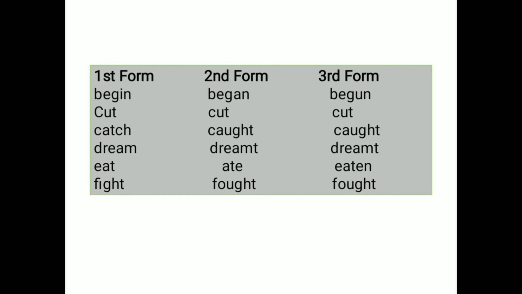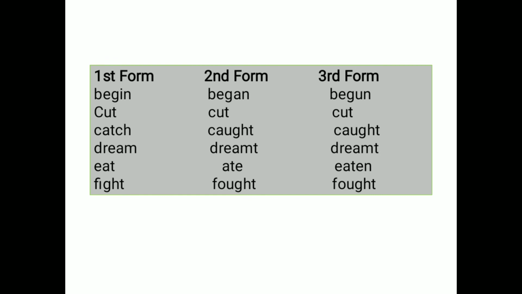For example, in simple present tense, we use the first form. In simple past, we use the second form. In past perfect or present perfect, we use the third form. These forms of verbs are used for the tenses.